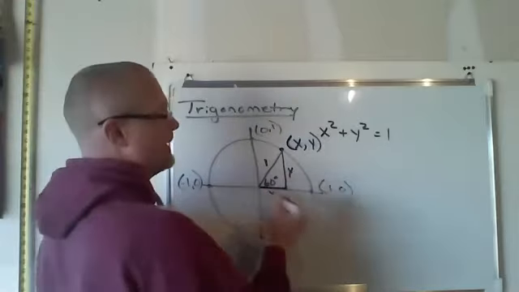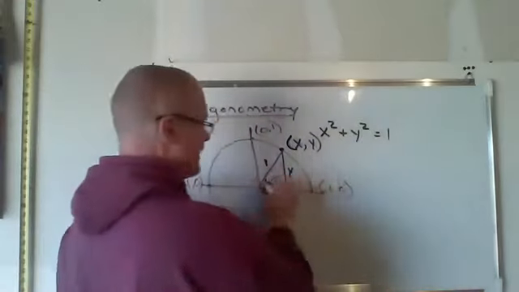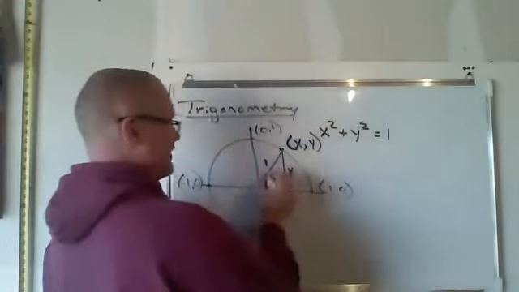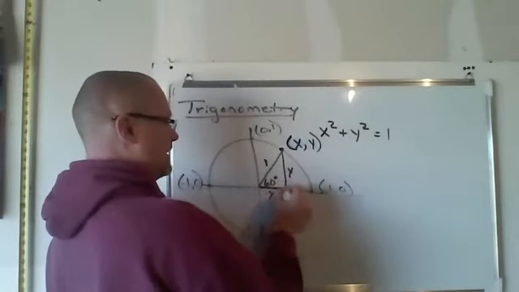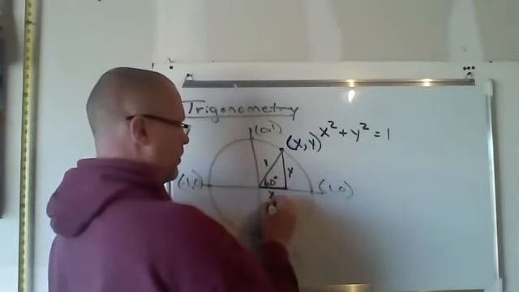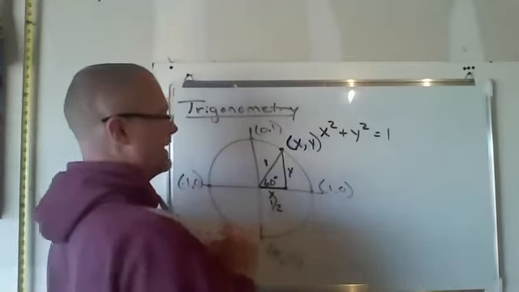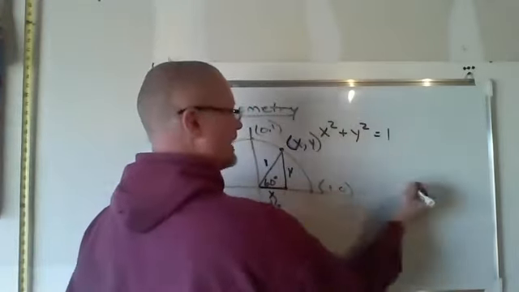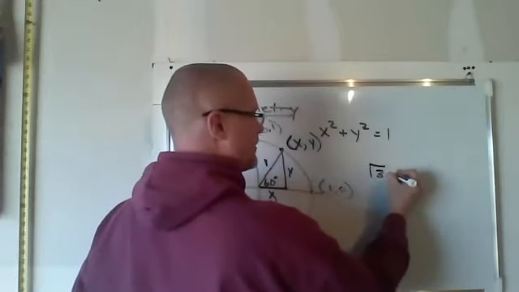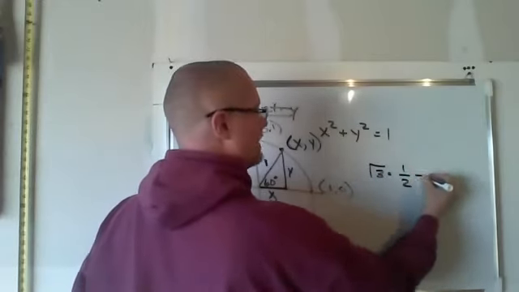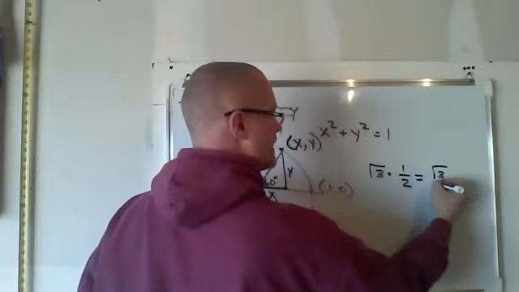I picked a 60-degree angle because I know that's a special right triangle. The shorter leg is 1/2 the hypotenuse, and the longer leg is the shorter leg times the square root of 3. Square root of 3 times 1/2 is square root of 3 over 2.